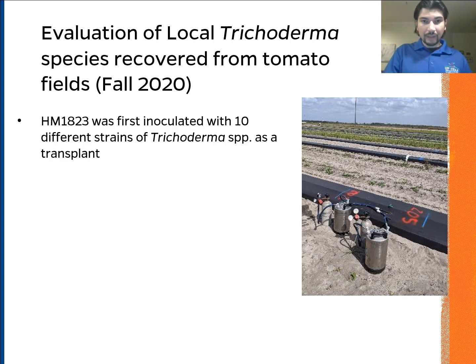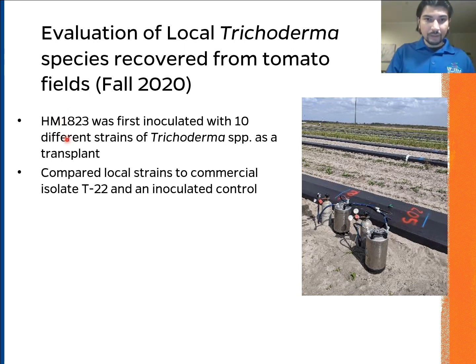We recovered candidates narrowed down to 10 different species, and we applied them to this variety of tomato at the transplant stage. We also compared this to local strains and the commercial isolate T22 as an inoculated control. And 2 weeks later, we inoculated FOL race 3 into the transplants after they were colonized with Trichoderma first.